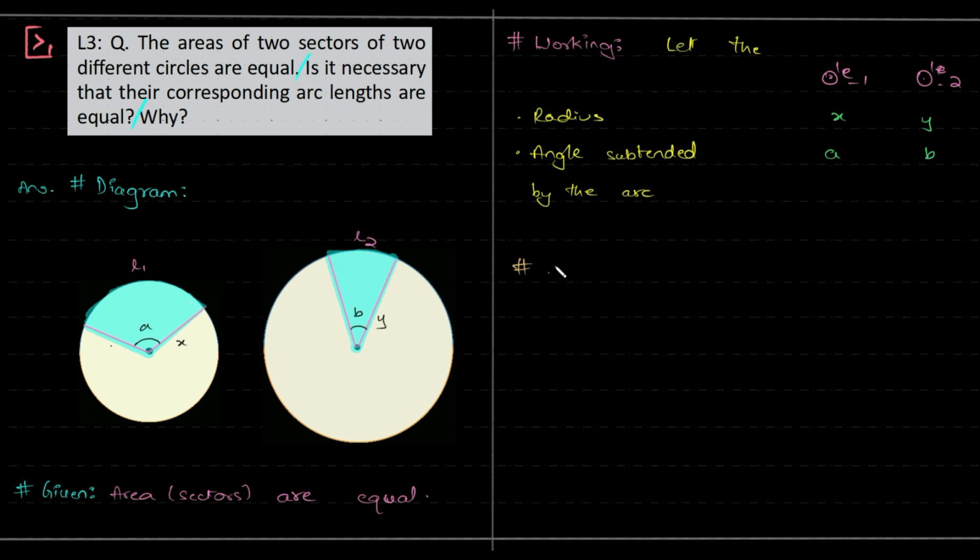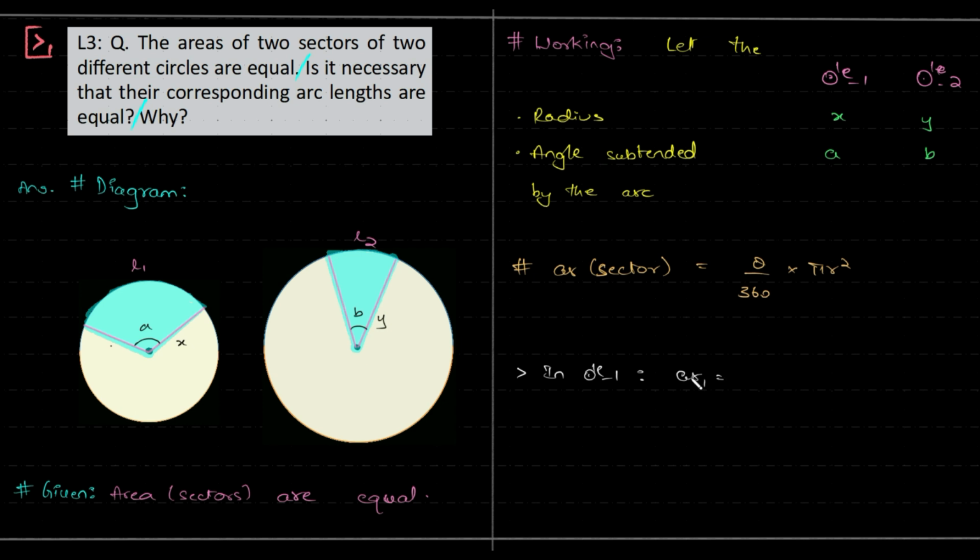And now the area of the sector formula, because that is the one which is given. So we can equate that and we can move across. Agree? So area of the sector is given by theta by 360 into pi r square. So in circle 1, what do we have?